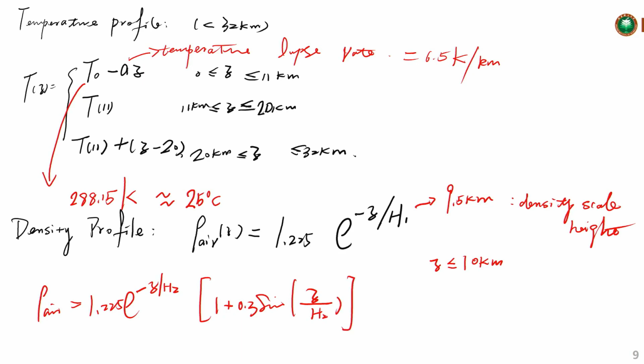And h2 is also called the density scale height, and it's 7.3 kilometers. For this condition, it works when theta is smaller than 30 kilometers. This is a more general expression.